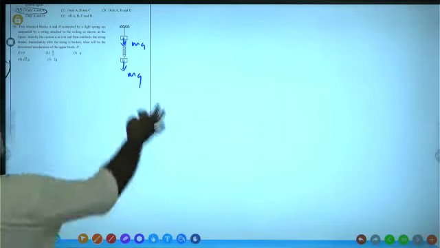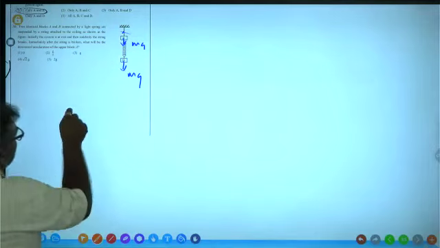Two identical blocks A and B, weight mg each, connected by a light spring, are suspended by the string attached to the ceiling as shown in the figure. The system is at rest and suddenly the string breaks. They say the string has been broken, like this one was cut. They ask: what will be the downward acceleration of the upper block?